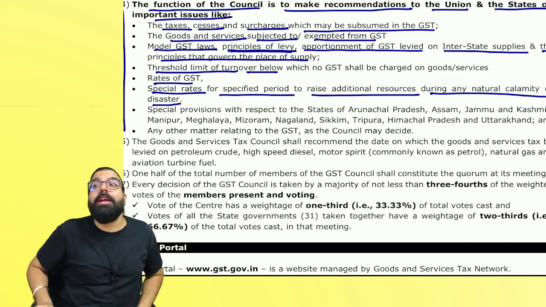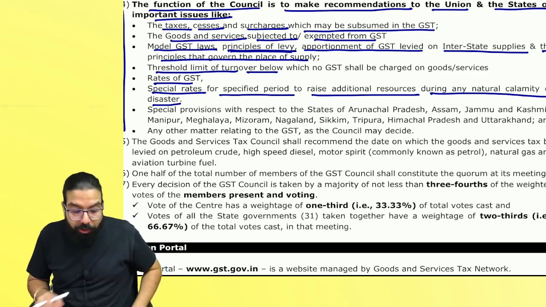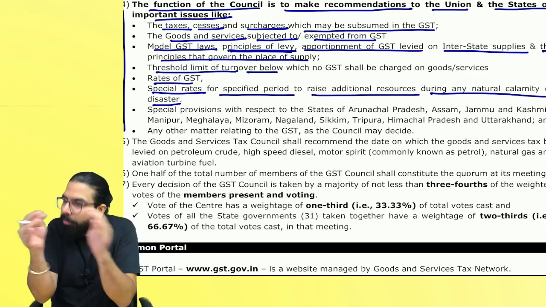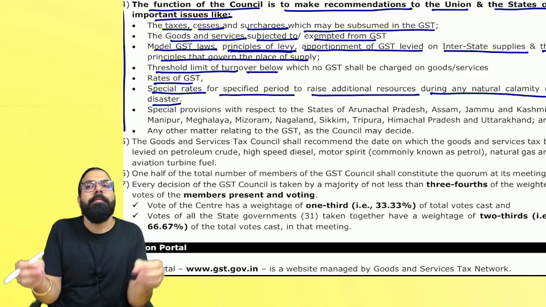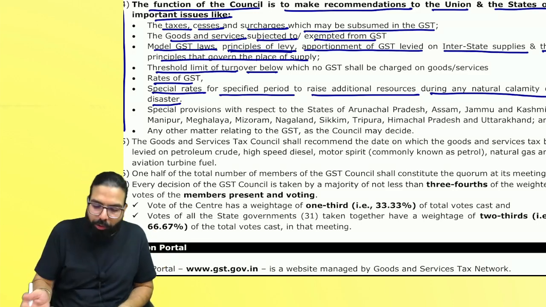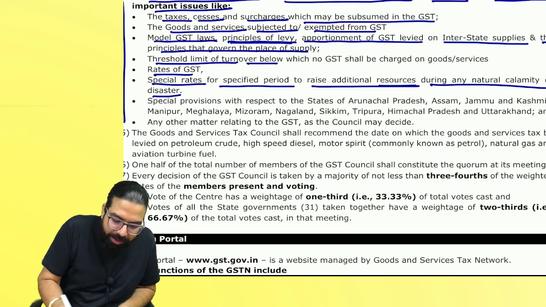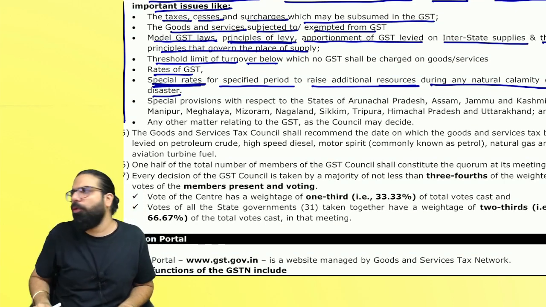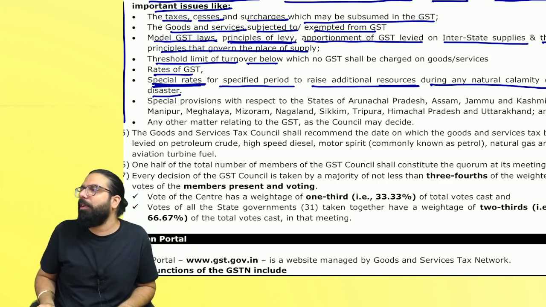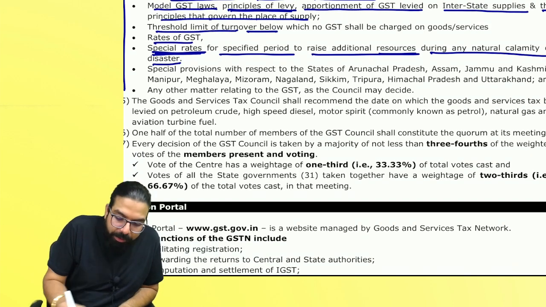And hence they had to take permission from the GST Council. So the GST Council can allow that for a certain period for raising additional funds, you can have some special rate, might be an additional 1%, 2%, etc. That can be suggested by the GST Council.